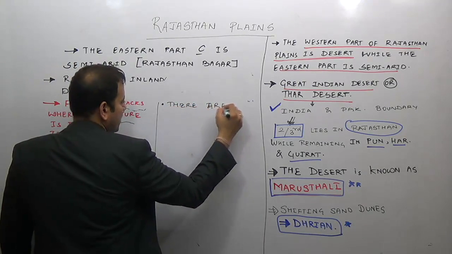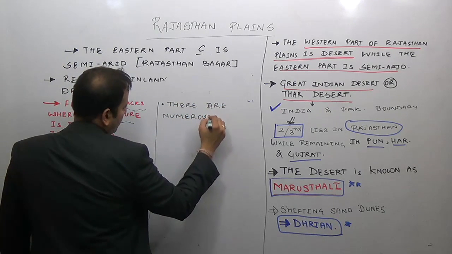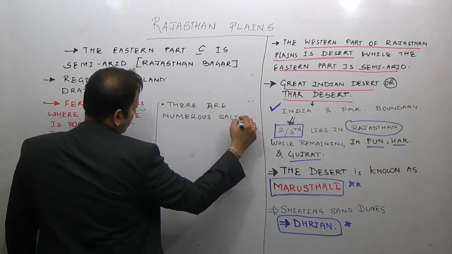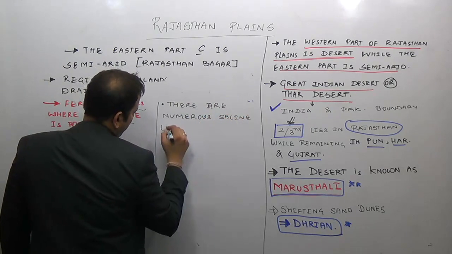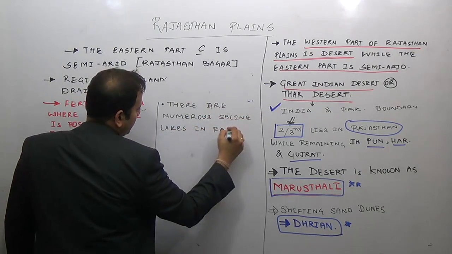There are numerous saline lakes in the Rajasthan plain region.